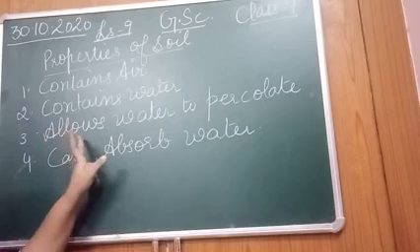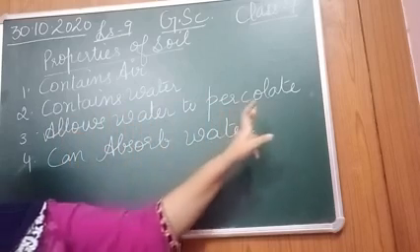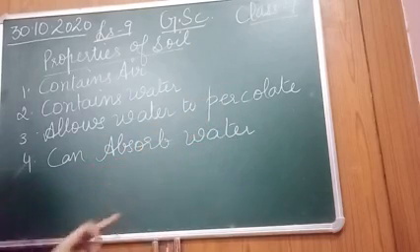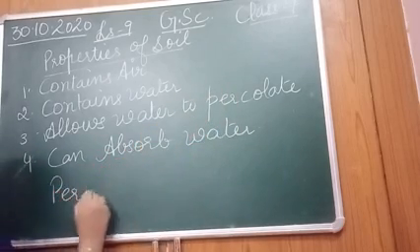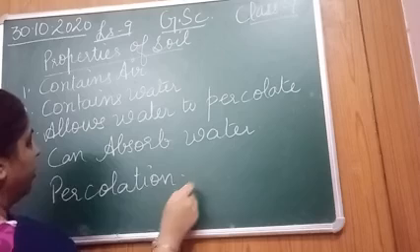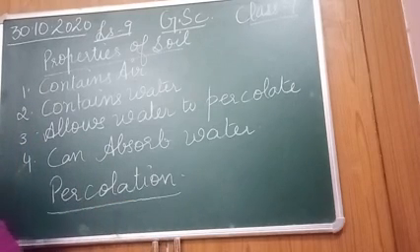Now next is, it allows water to percolate. First of all, bache, you need to know the meaning of the word percolation. You will be going through this word a lot of times. What is the meaning of percolation and percolate?